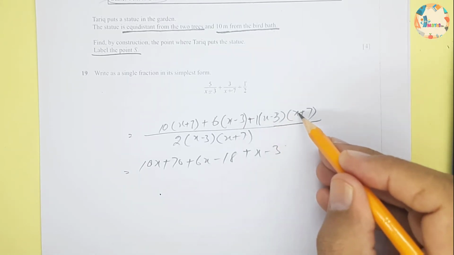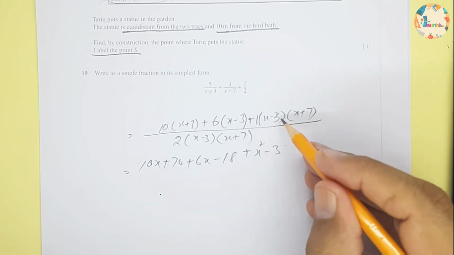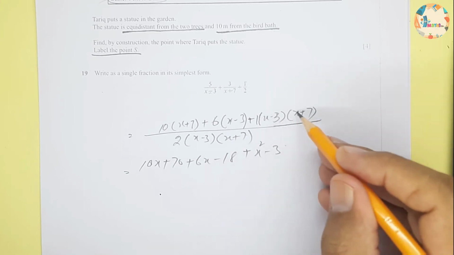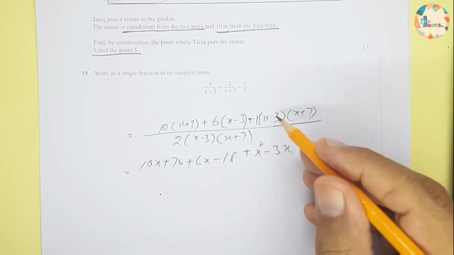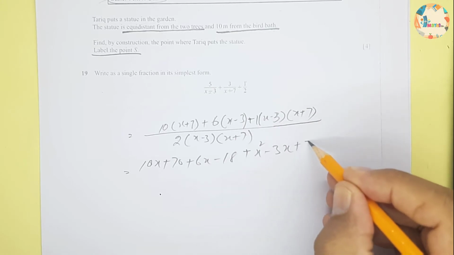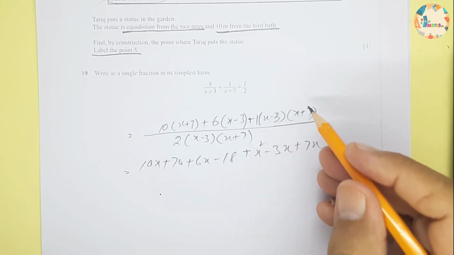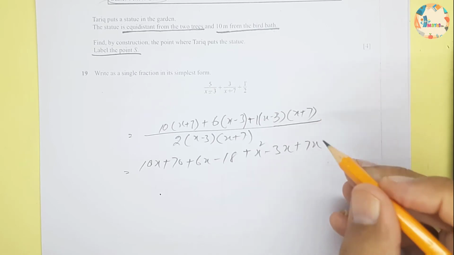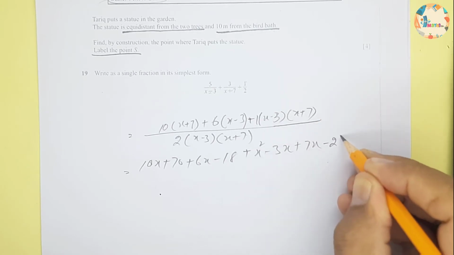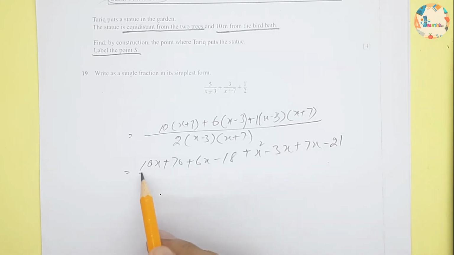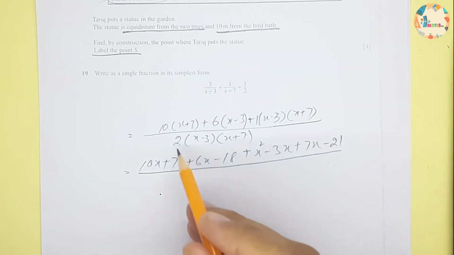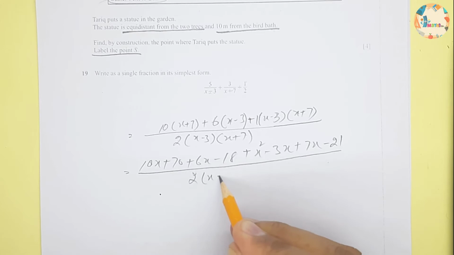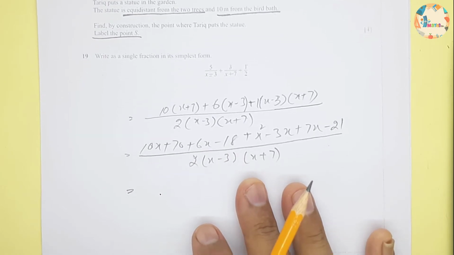so x square, and this will be minus 3x, and when we multiply this with this will be plus 7x, and this with this will be minus 21. So divided by, we will keep everything as it is, so 2 into x minus 3 and x plus 7. Now we'll have to add the like terms.